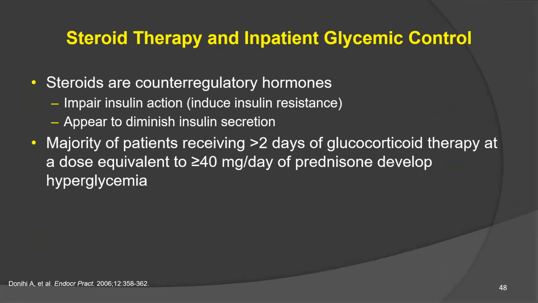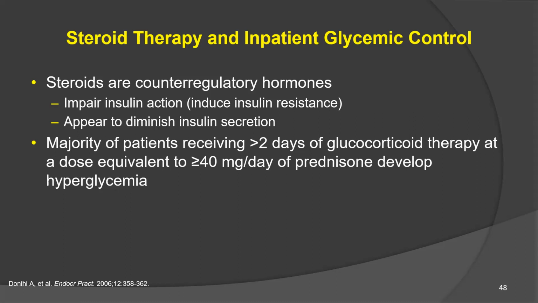Steroid therapy and inpatient glycemic control. Steroids are counter-regulatory hormones, right? They impair insulin action, induce insulin resistance, and they appear to diminish insulin secretion as well. And whenever there is stress, they come up first. The majority of patients receiving more than 2 days of glucocorticoid therapy at a dose equivalent to or more than 40 milligrams per day of prednisone develop hyperglycemia.